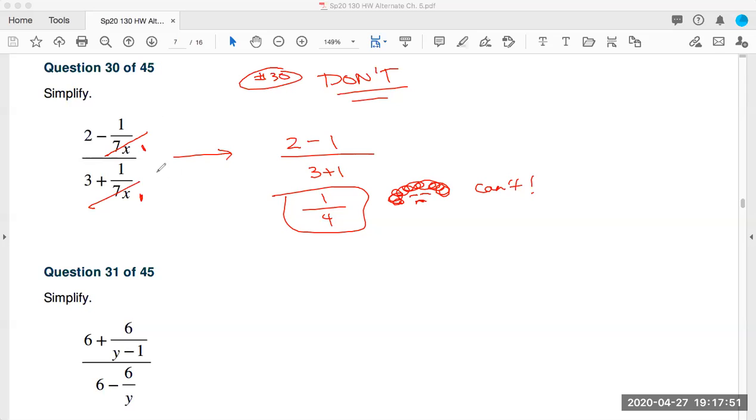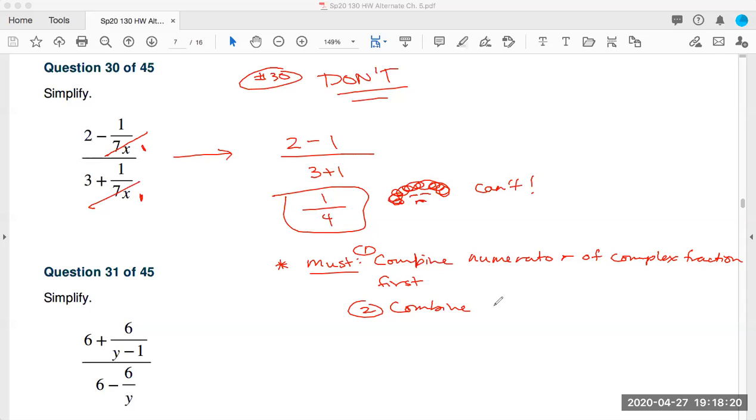Okay. You must combine the numerator of the complex fraction first, then combine the denominator of the complex fraction, then you go about old school division.